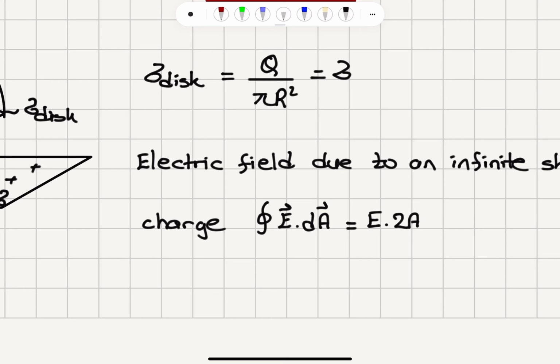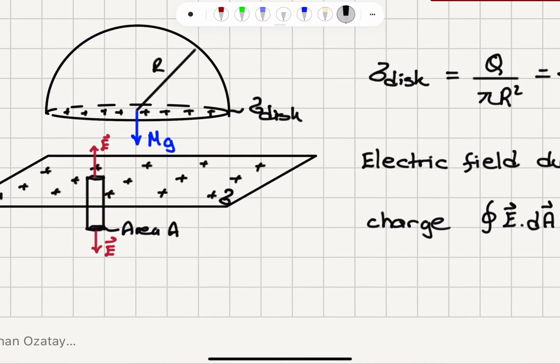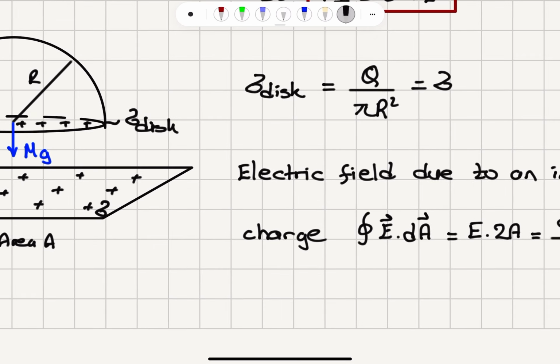So this is going to be equal to the charge enclosed by this cylinder, Q in, divided by the permittivity of free space, epsilon 0. What is the charge enclosed by this cylinder?